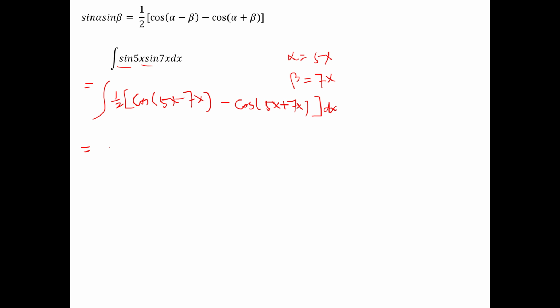And this is, I separate it now: 1/2 cosine negative 2x dx minus 1/2 cosine 12x dx, right? Remember, for cosine, negative alpha equals cosine alpha, right?